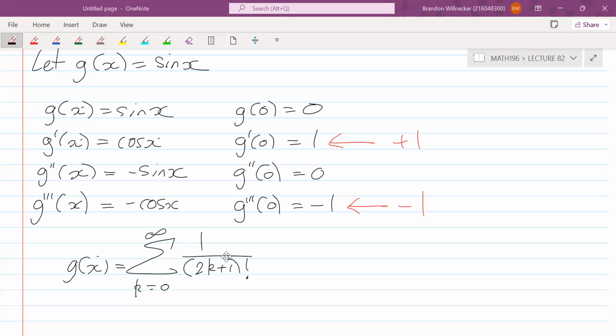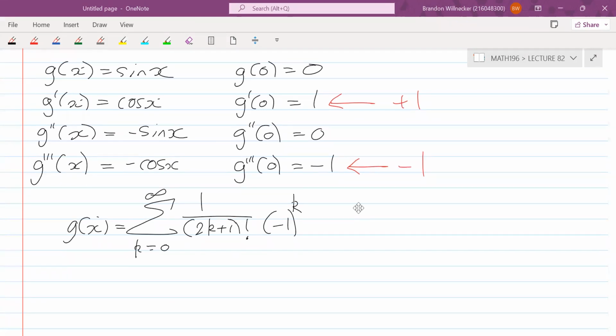Then we need to deal with this alternating sequence of plus 1 and minus 1. So we can write that as minus 1 to the k. Okay, so if k is 0, then that's going to be a 1. And then we can write out the next values afterwards. So minus 1 to the k, x to the 2k plus 1.